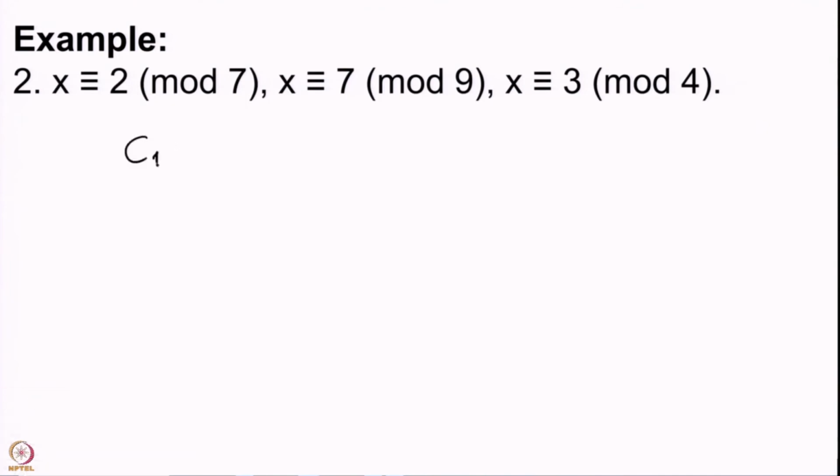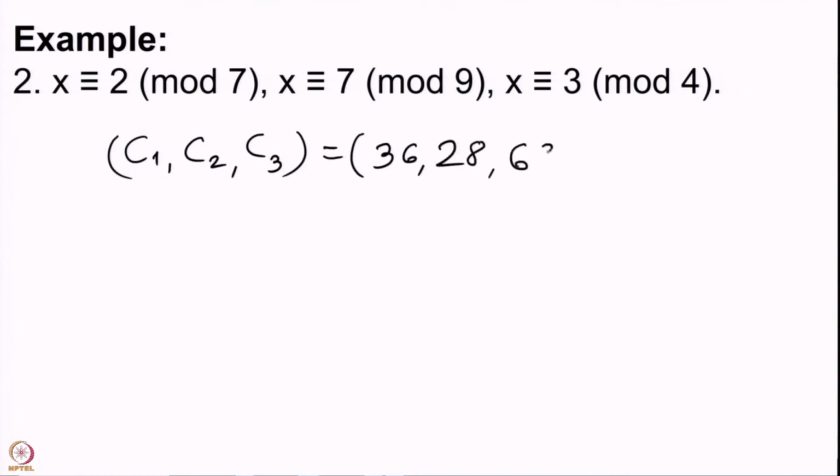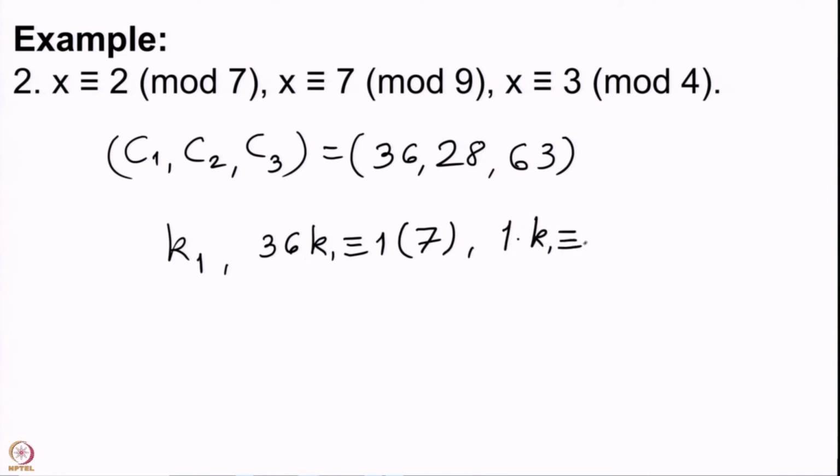I want to solve for K1. K1 should give me the property that 36 K1 should be 1 mod 7, but 36 is already 1. So, we have that this is 1 into K1 congruent to 1 modulo 7, and therefore, K1 is 1.